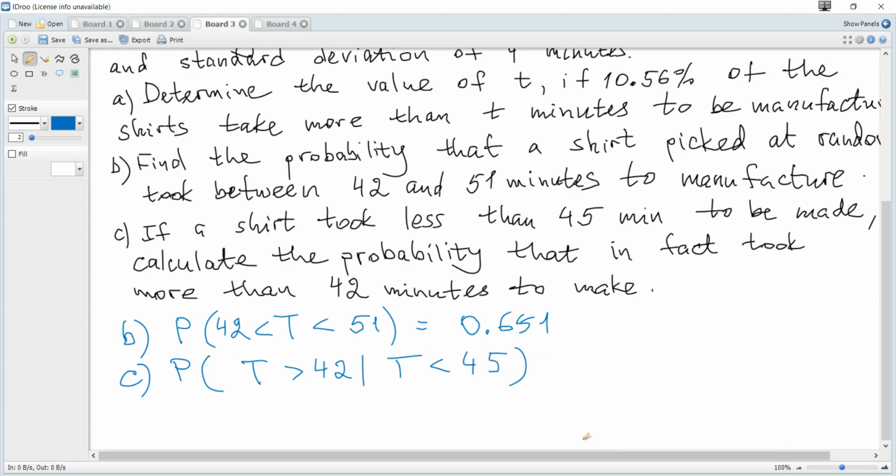Just applying the formula for conditional probability, in the numerator the probability that time is greater than 42 and less than 45, divided by the probability of this given, so the probability that t is less than 45.